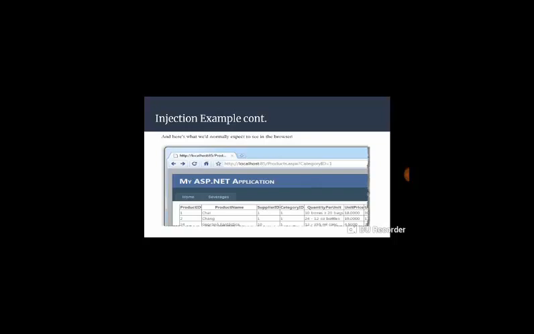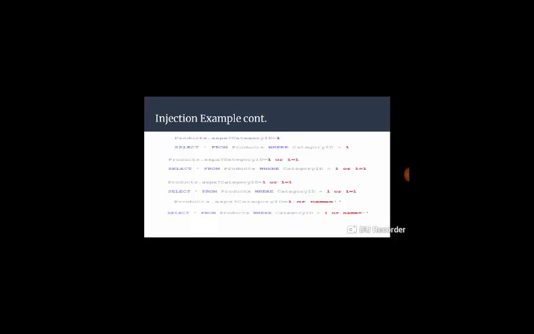The problem with the construction of this code is that by manipulating the query string value, we can manipulate the command executed against the database. So if you change the category ID value in the URL, you can affect the database command.